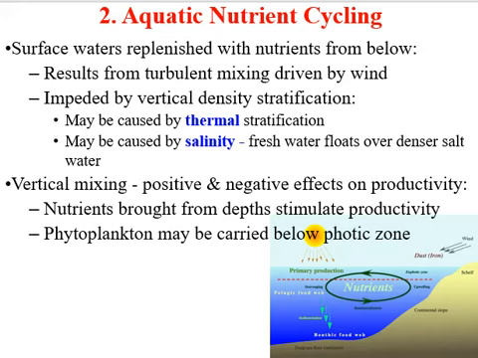When that water moves offshore or along the shore, or you get this turbulent mixing, that's where nutrients are brought up from the depth, maybe not all the way down to the bottom, but from deeper and brought to the surface. Those are areas where there's a lot of primary production because there's a lot of nutrients.